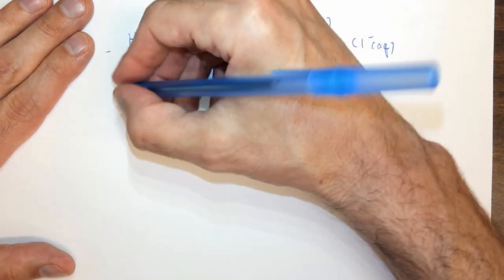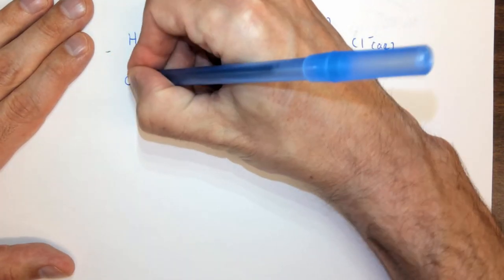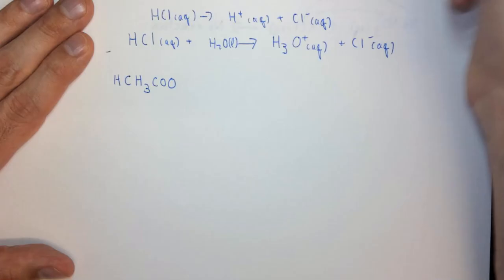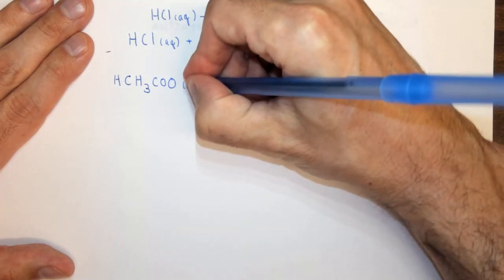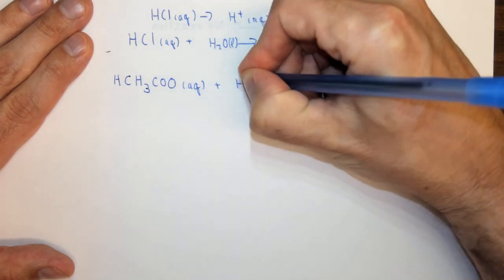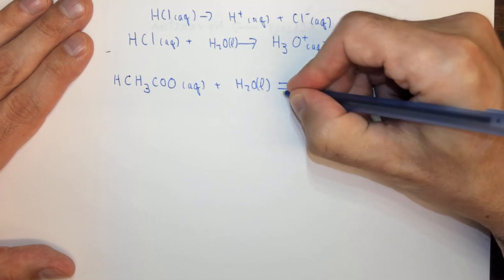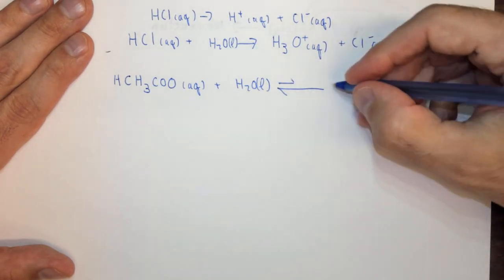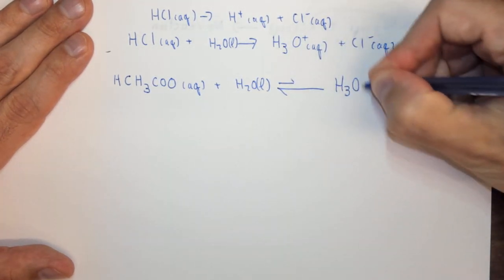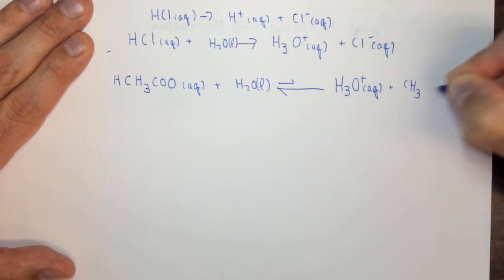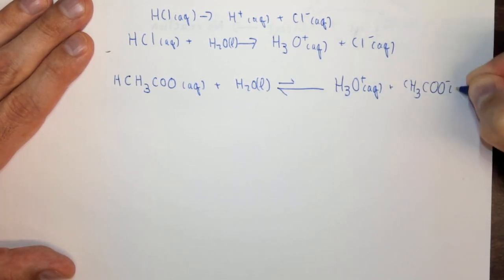Note that if you have a weak acid, like CH3COOH, which is acetic acid, aqueous, plus water, liquid, some of it will interact with water to form H3O plus, aqueous, and CH3COO minus, aqueous.